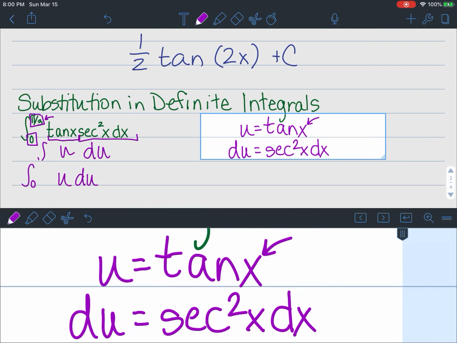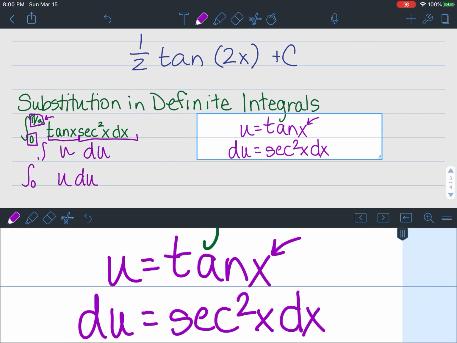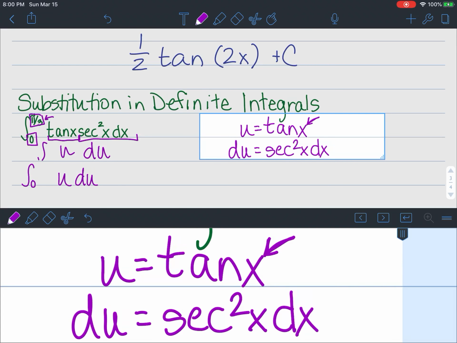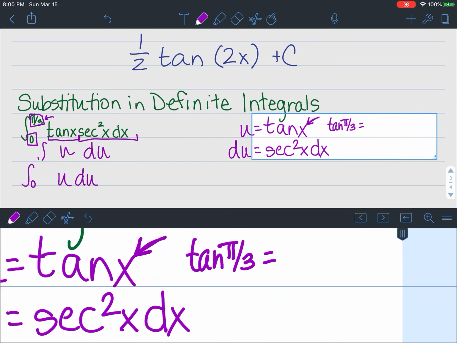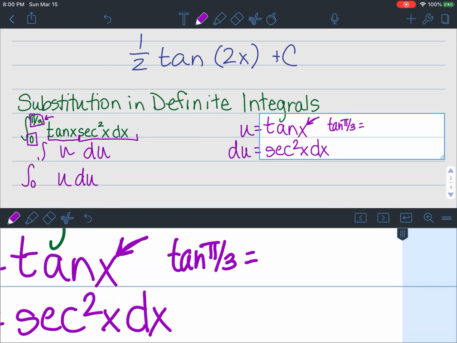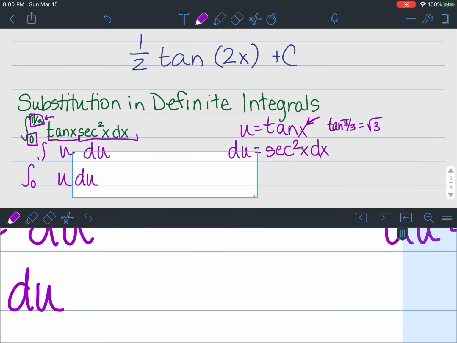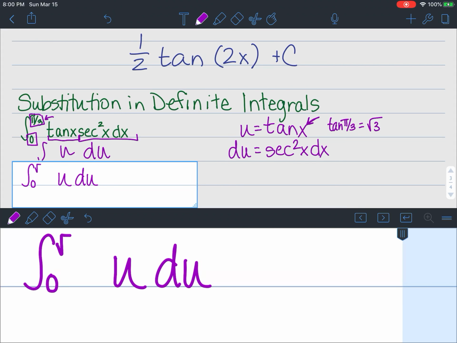That's really an x value. So let's come over here to where we substituted, and we're putting in pi over 3 right here for x. What is tangent of pi over 3? Who remembers from pre-calc? It's radical 3. So that's going to be our new upper limit of integration.